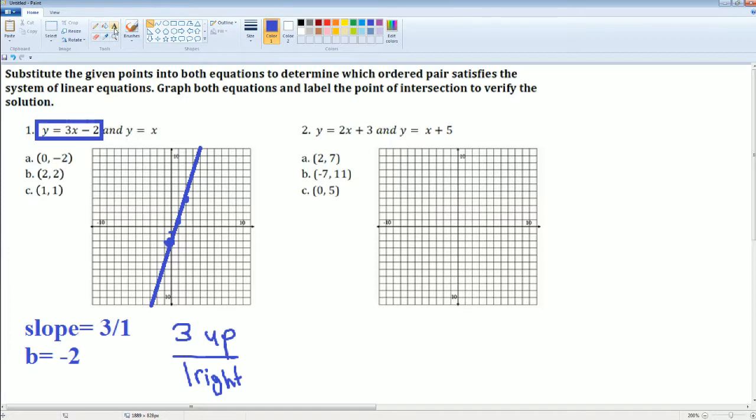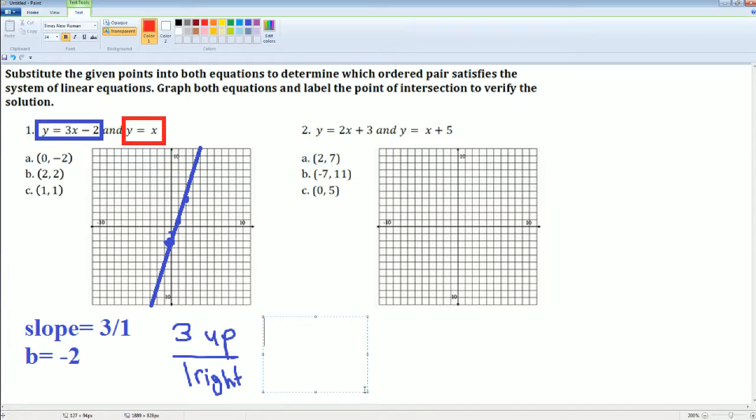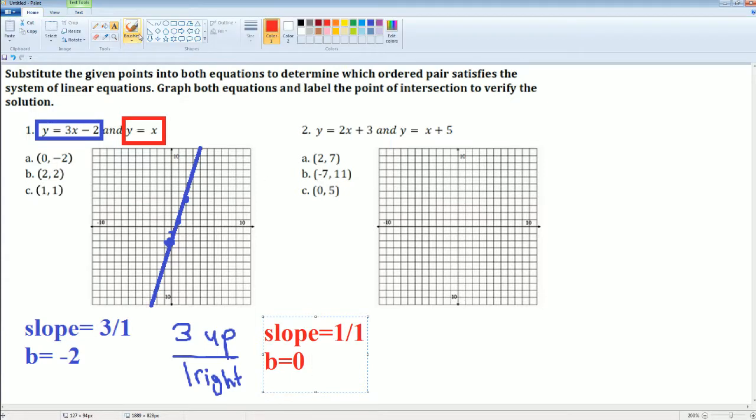Alright, and let's do the next one. y equals x. For that one, I'm going to make it red. The slope for that one is going to be 1 over 1, where the y-intercept is equal to 0. So let's do that.